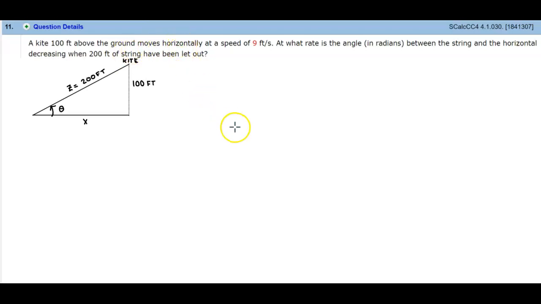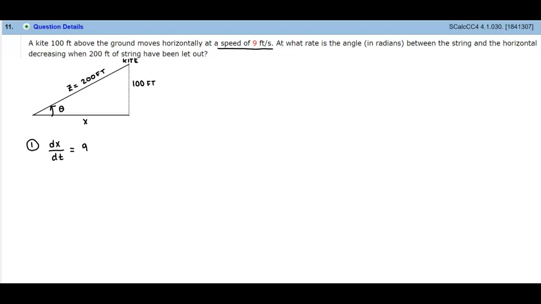Okay, so we're given a few different pieces of information in this problem. First, we know that it is moving at a rate of 9 feet per second. So that tells us that dx over dt is equal to 9 feet per second.